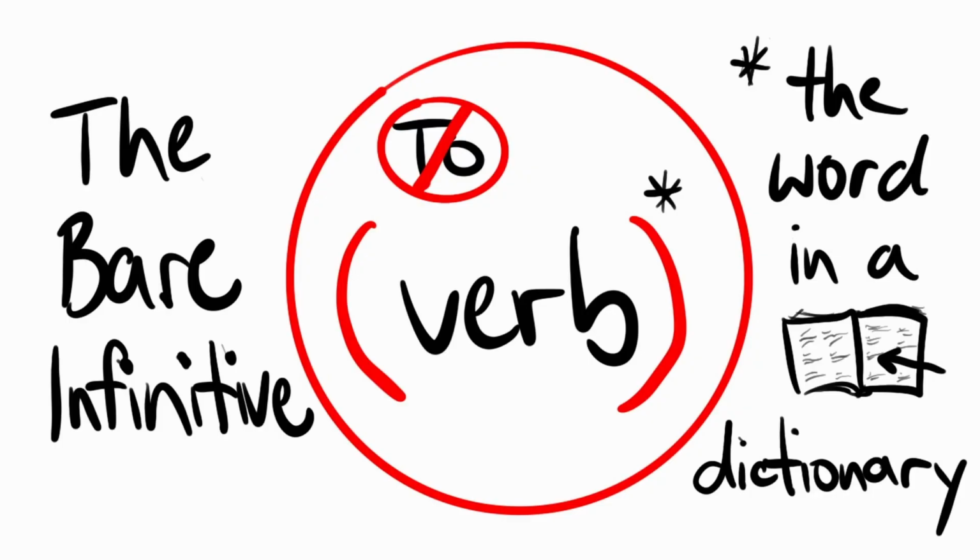And the form of the verb used in the simple present tense is the bare infinitive, which is simply the word as it would appear in a dictionary without the to, okay? That's why it's the bare infinitive. We're stripping away the word to, and we're just using the word as one would look it up in a dictionary.